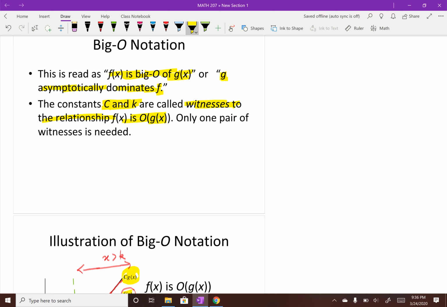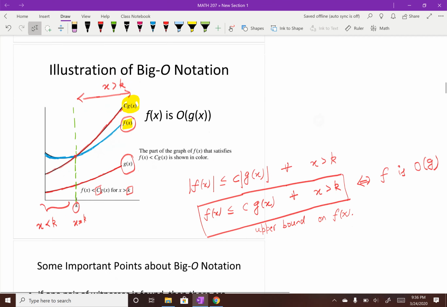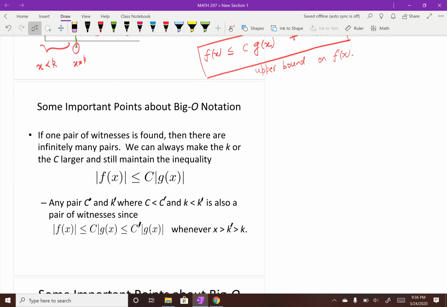You only require one pair of witnesses, but in general there could be many pairs of witnesses which you can use to show this relationship holds between f of x and g of x. So for example, let's suppose my function f of x is big O of g of x.